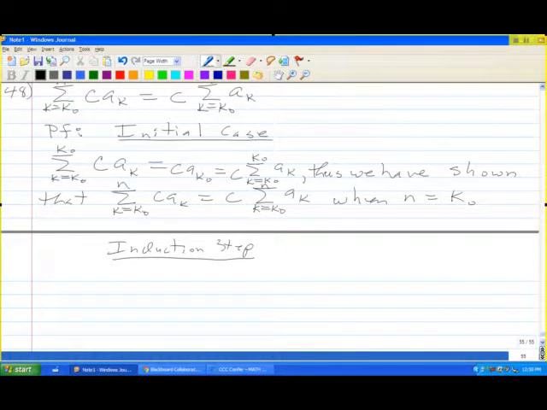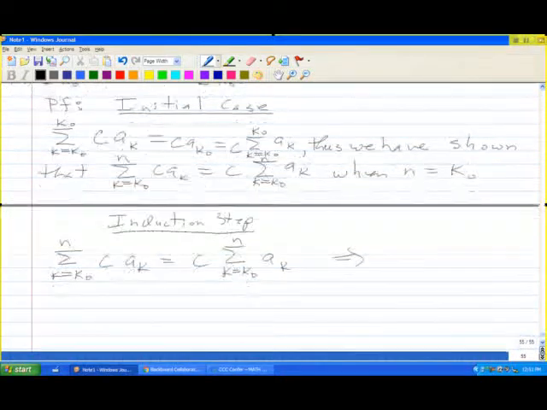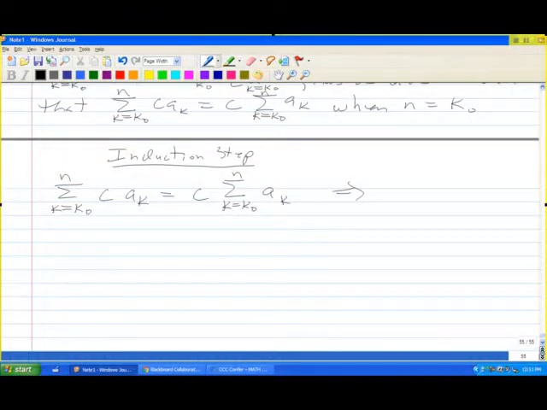And so let's assume that this formula holds for n. Then let's look at what happens for n plus 1.